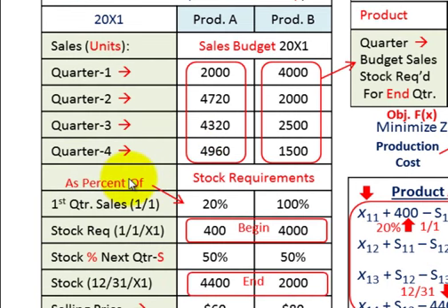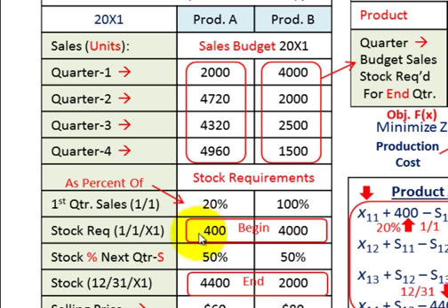Now for our stocking requirements here. So this is the stock that we're going to have to maintain. So as of 1/1, when we start here in January, at the beginning of the year, as a percent of our first quarter sales, we're looking at 20% here for product A, which would be 20% of 2,000 units here that we have.